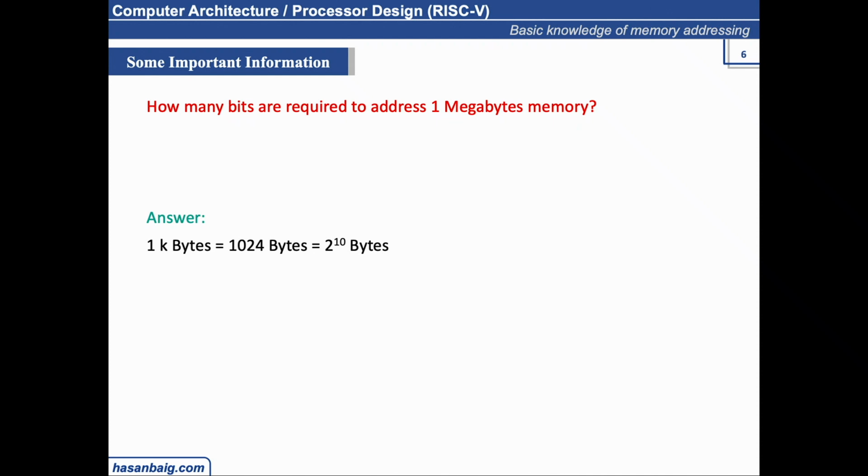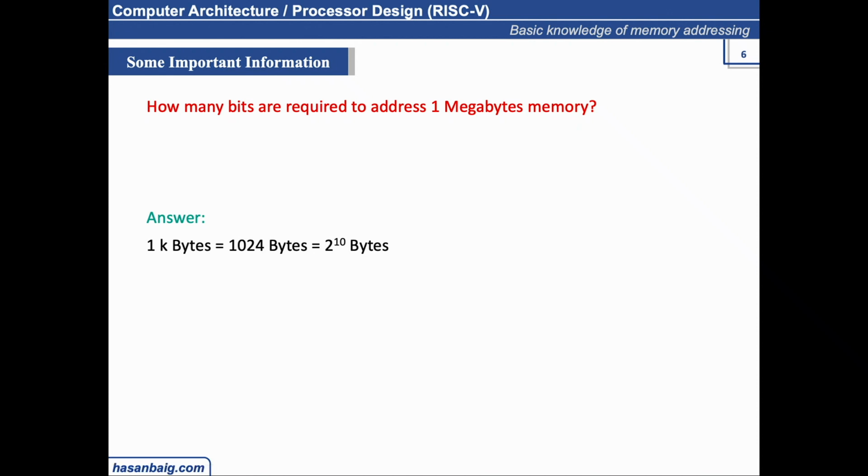And in the example that we have just seen, in 3 bits we can access 8 bytes. So 2, 4, 8, 16, 32, 64, 128, 256, 512, and 1024. So 1024, which is 1 kilobyte, can be represented as 2 to the power 10 bytes. How do we represent mega? Mega is equivalent to 10 to the power 6.